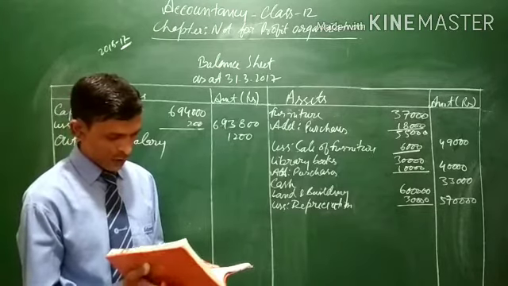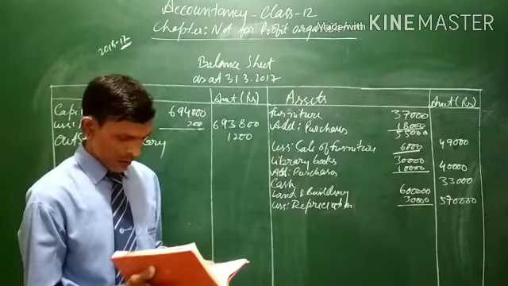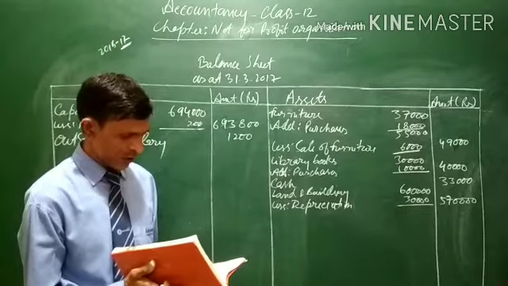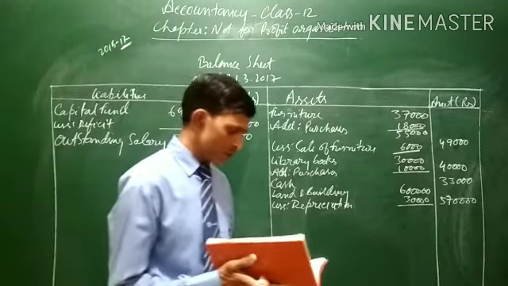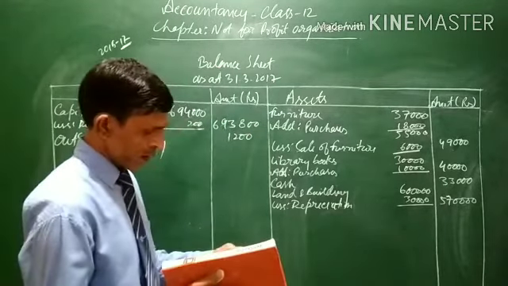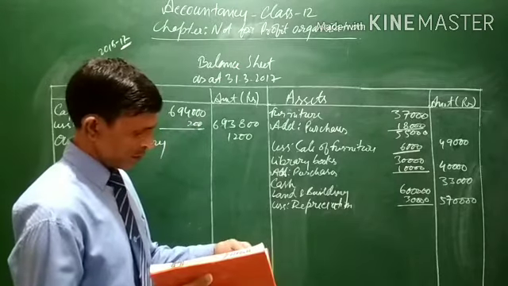Now some more things are mentioned here with regard to cash. We have already written outstanding subscription, library books, furniture. Now let us come to this part. First of all, the profit from entertainment.